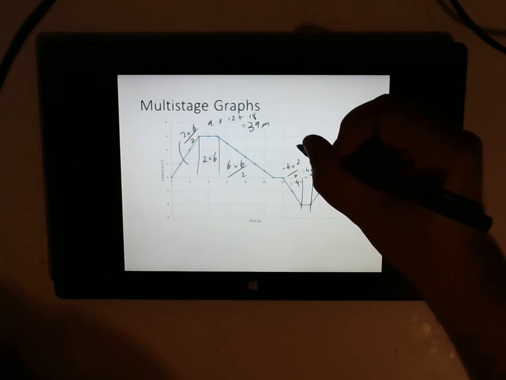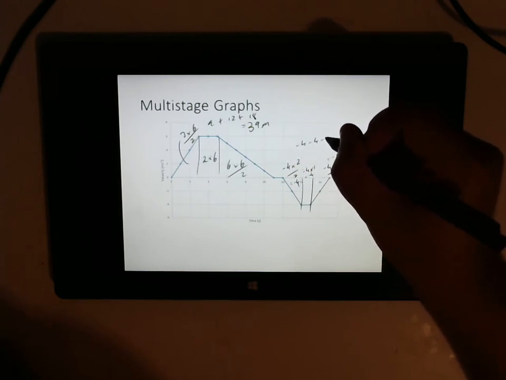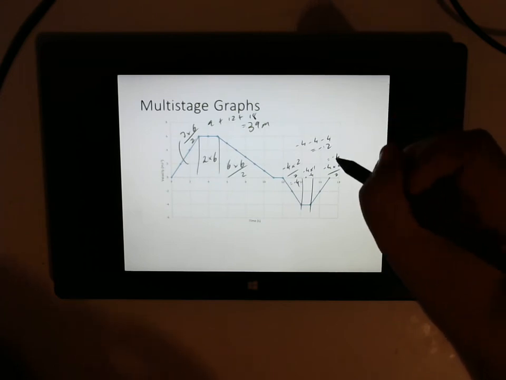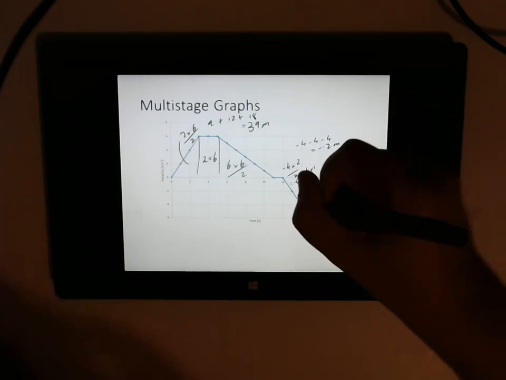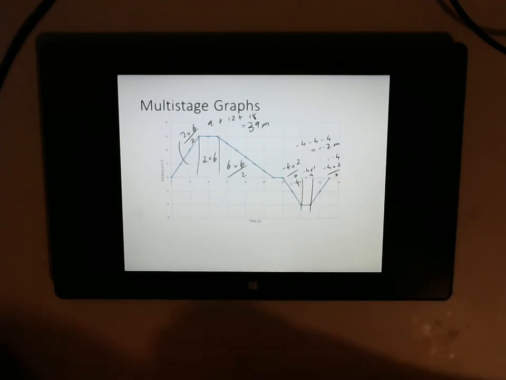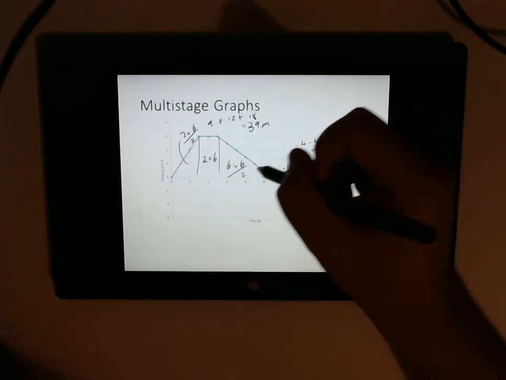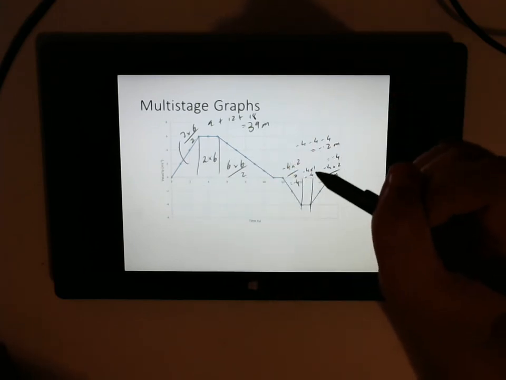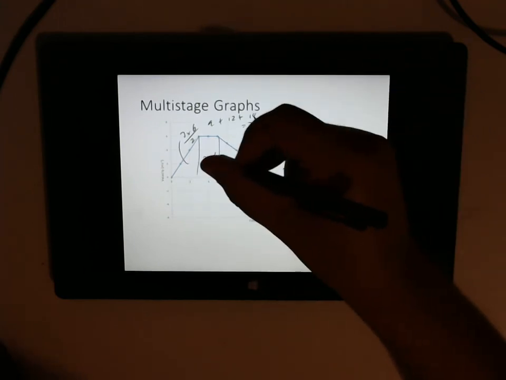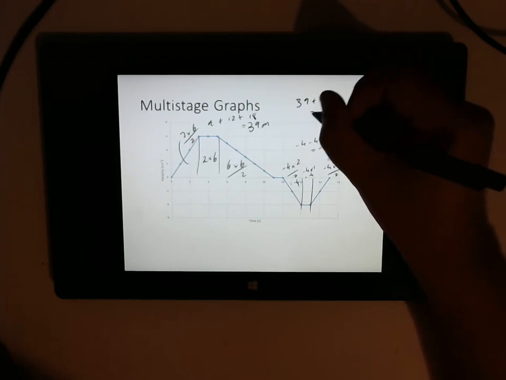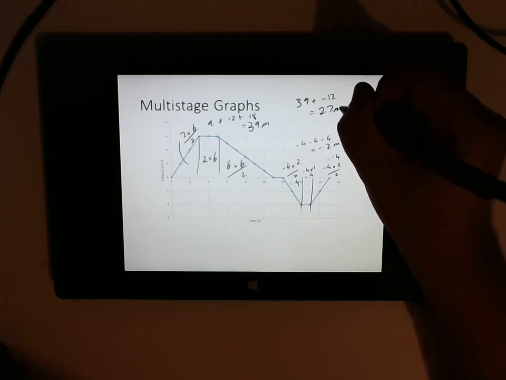And if we add all these up together, we get negative 12. You have to keep the negative because it is below the x-axis, so you've got to be real careful with that. And so then if we were to ask, well, what is the total displacement from start to finish, we could go, well, I've got 39 plus negative 12 gives me 27 meters.